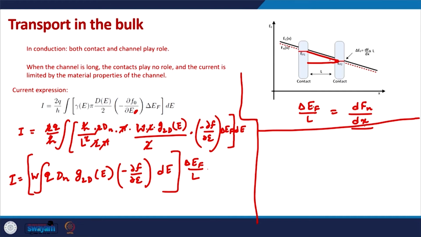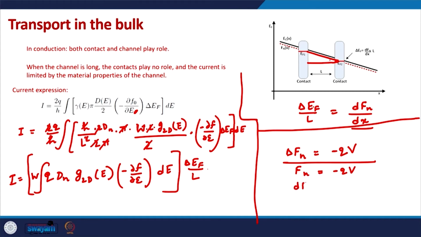Second is, generally the way Fermi levels are defined, the Fermi levels are dependent on the applied voltage. This is how it happens. If we apply a voltage V, the Fermi levels change according to this expression. And if the reference Fermi level is assumed to be at 0 energy, this is how we can define it.